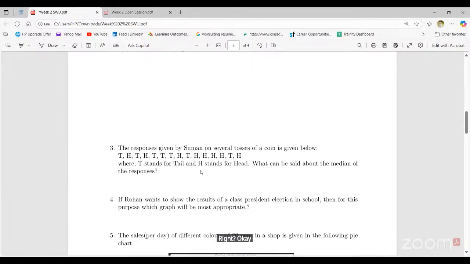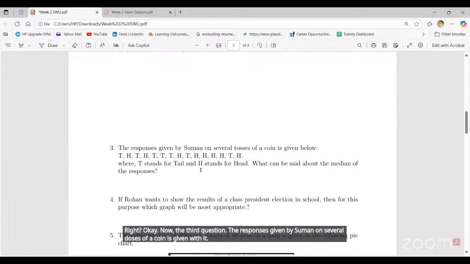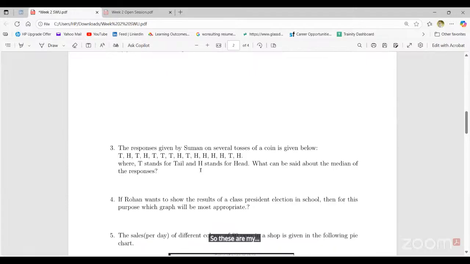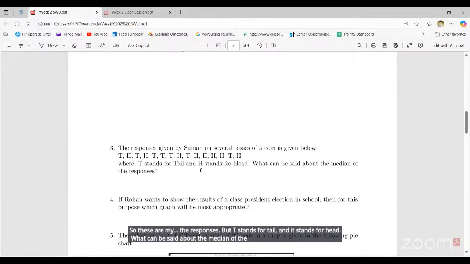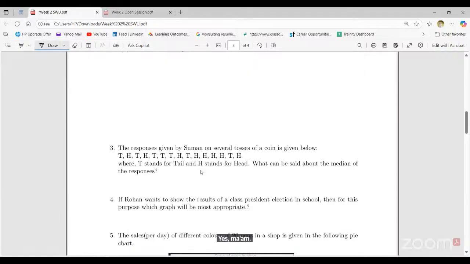Now, the third question: the responses given by Suman on several tosses of a coin are given below. So these are the responses, where T stands for tail and H stands for head. What can be said about the median of the responses? What is the median here? Head.